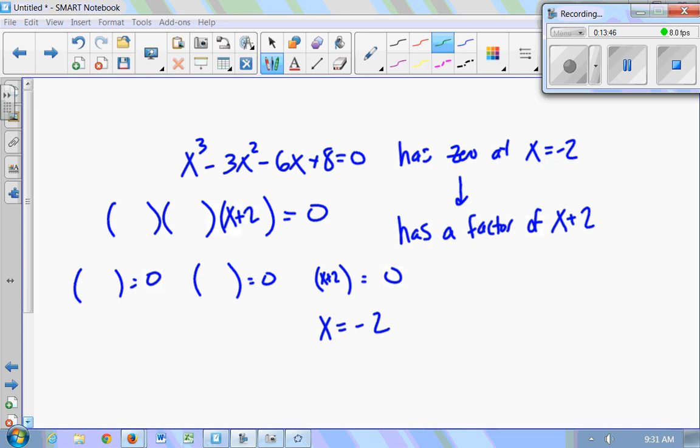So then to figure out what this is, right? What times x plus 2 will give you the original function? You do division. Yeah. So I'm going to do x cubed minus 3x squared minus 6x plus 8 divided by x plus 2.